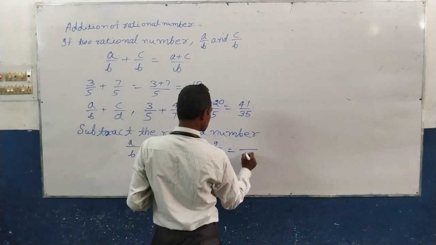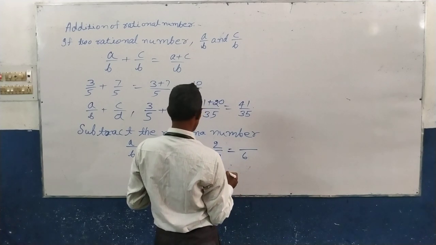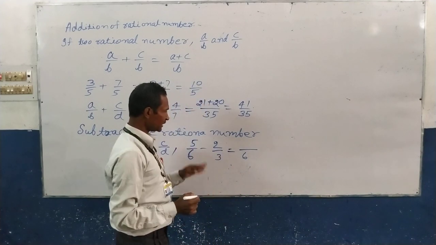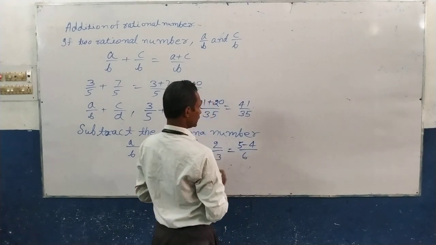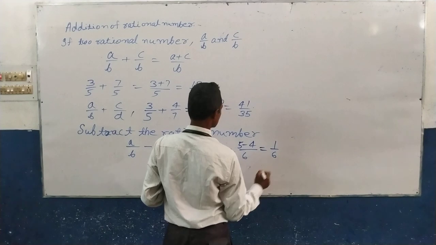Then the LCM of 6 and 3 is 6. 5 minus 2 2s are 4, is equal to 1 by 6.